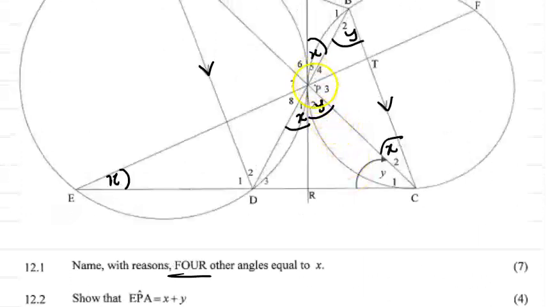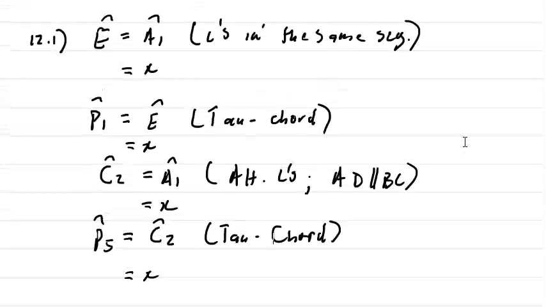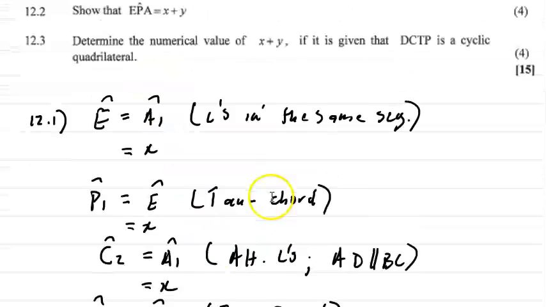And there we go. Right, so our next question, we've got 4 angles equal to X, there it is: 1, 2, 3, 4. Let's go look at the next question.